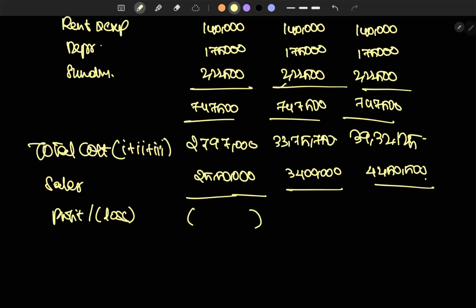It's a balancing figure. This is 2,47,000, this is 24,250, and then profit of 3,17,885.